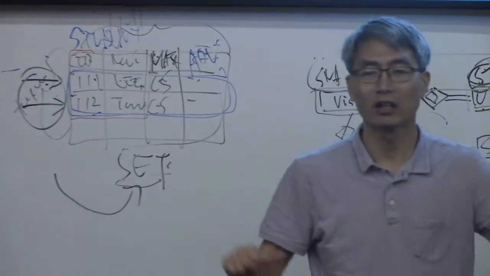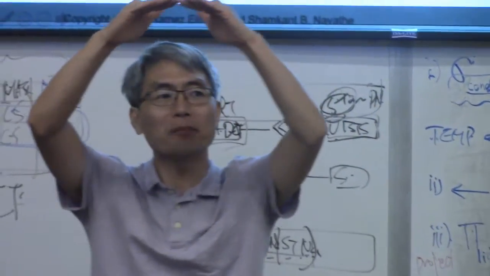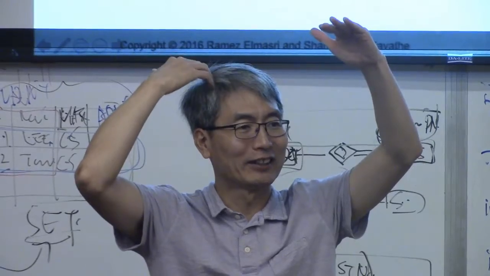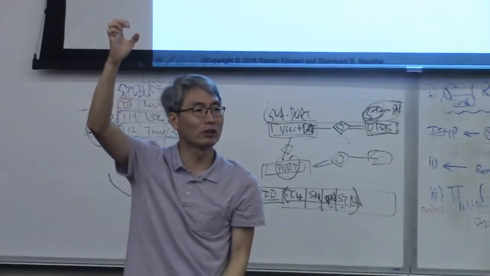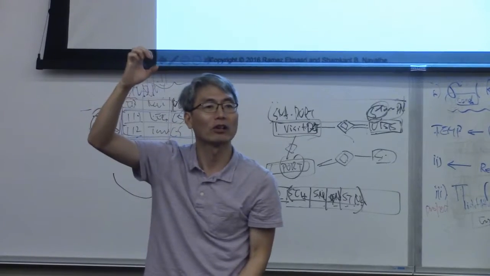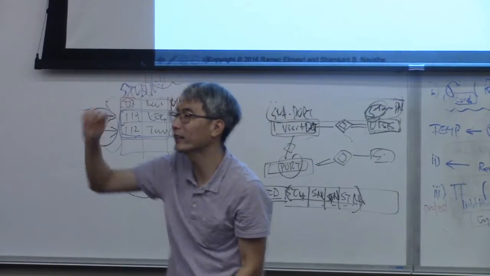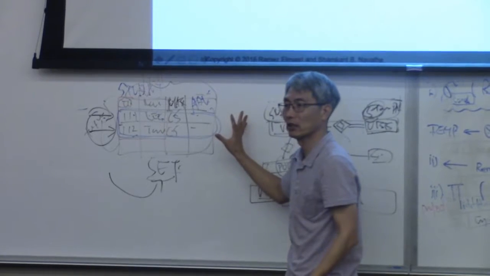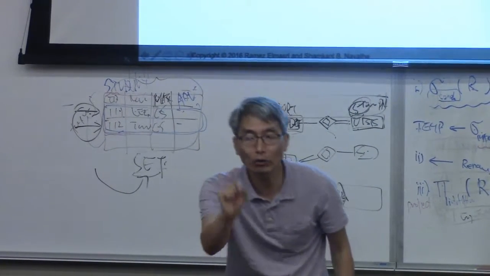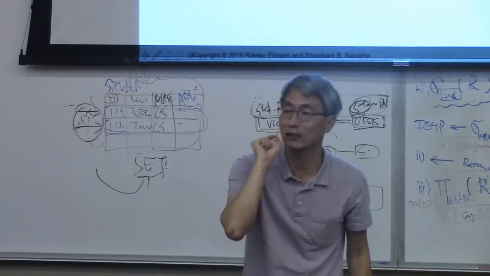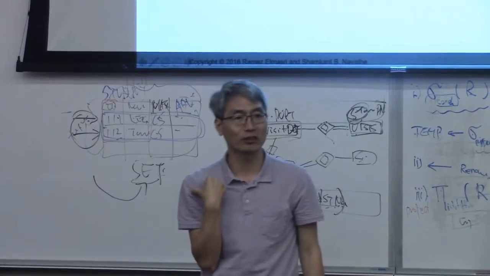The reason is, think about the shape of your relation: the number of attributes versus the number of data. Which one is bigger? Data is bigger. It's a data-oriented, tuple-oriented database. So our problem is how to find the specific tuple efficiently, fast.